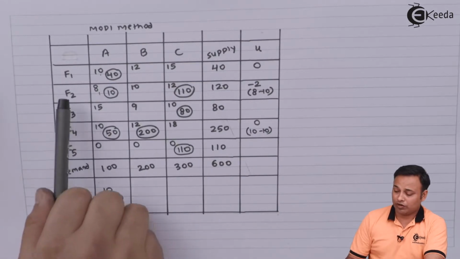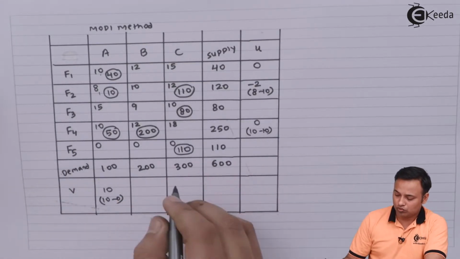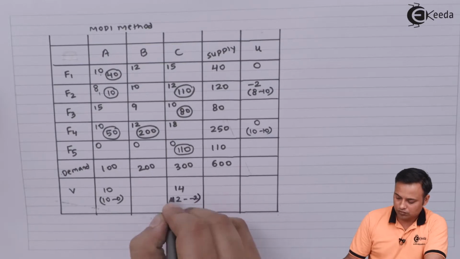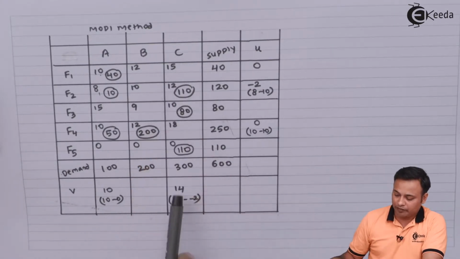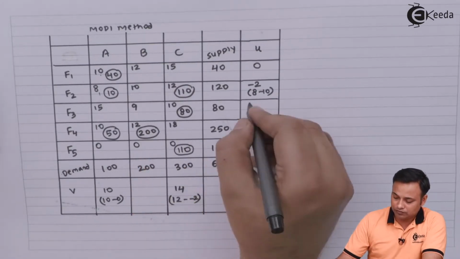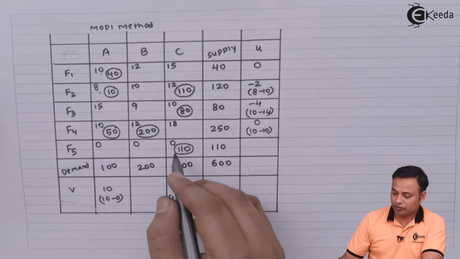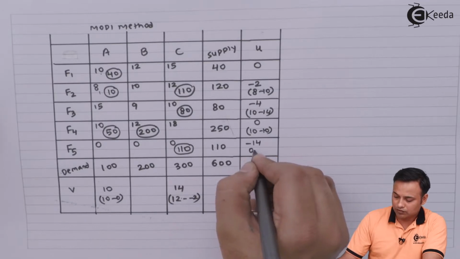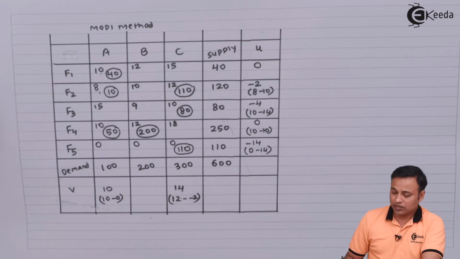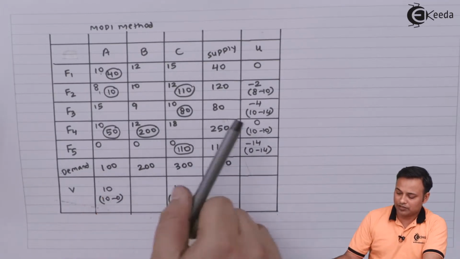In the second row, it will be 12 minus 2. In the third column, it will be 10 minus 14. In the third column, it will be 0 minus 14. And then in the second column, it will be 12 minus 0.